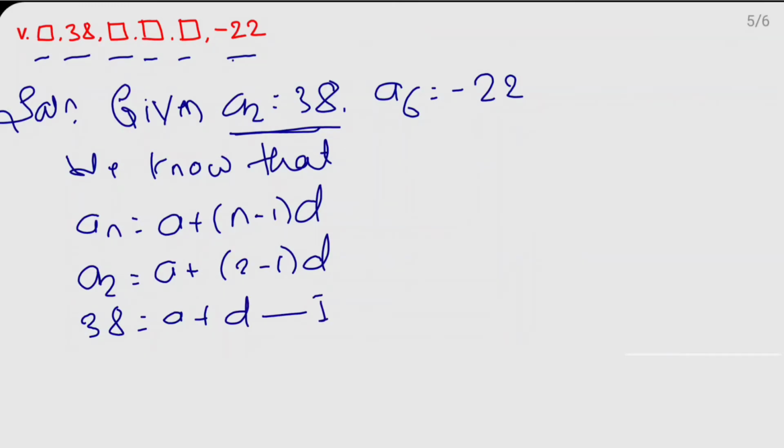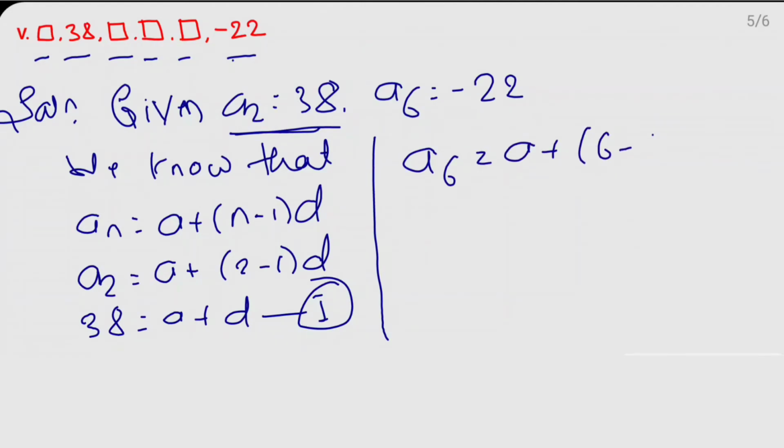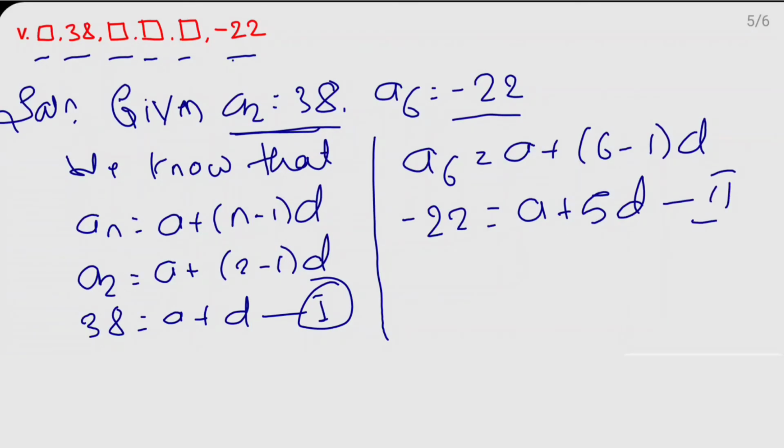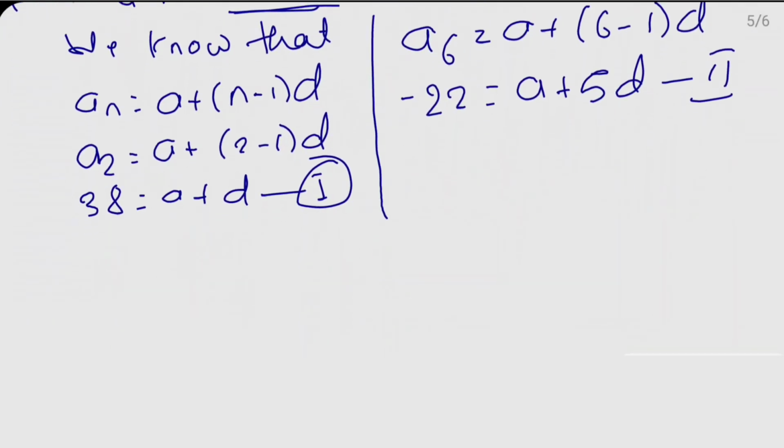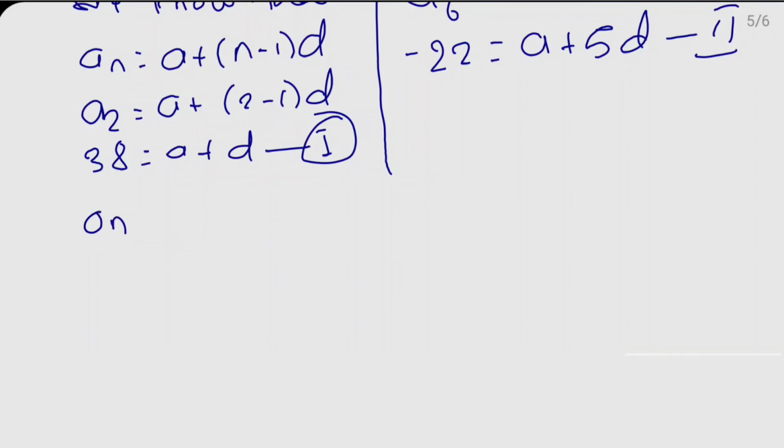So call this equation 1. And now here a6 equals a plus 6 minus 1 into d. So a6 is given as -22. So this equals a plus 6 minus 1 is 5d. Call this equation 2.